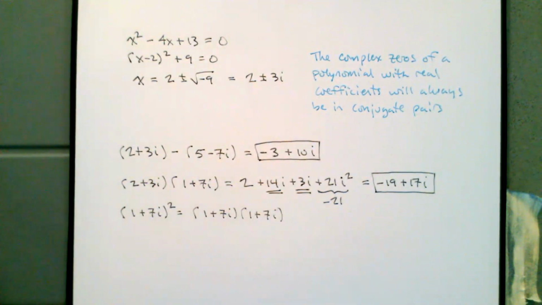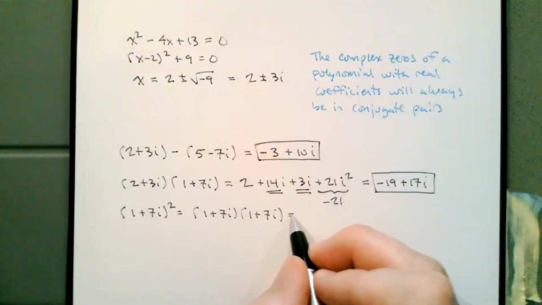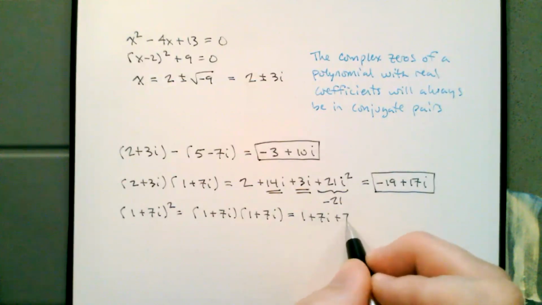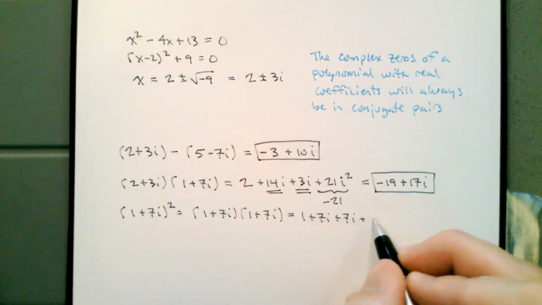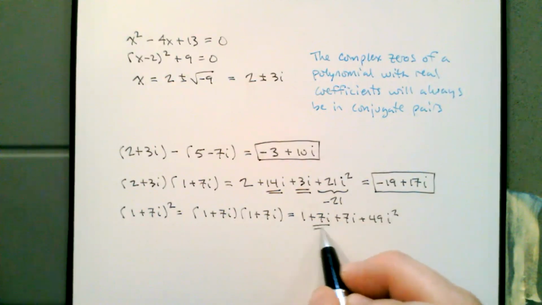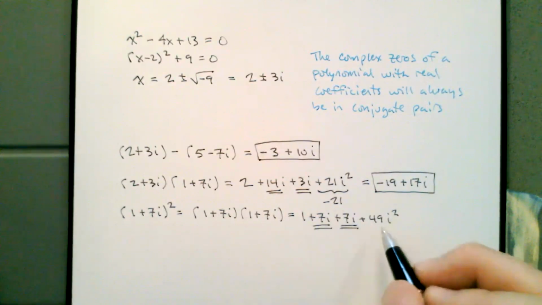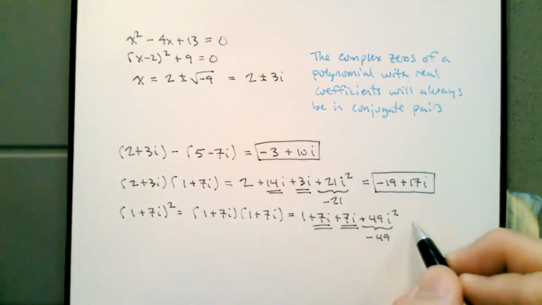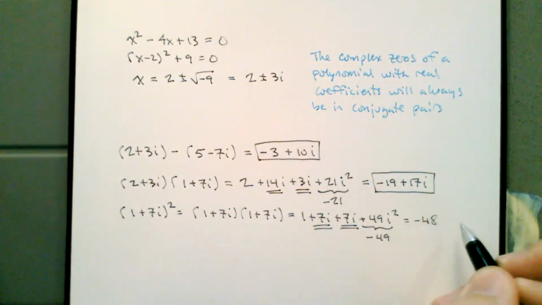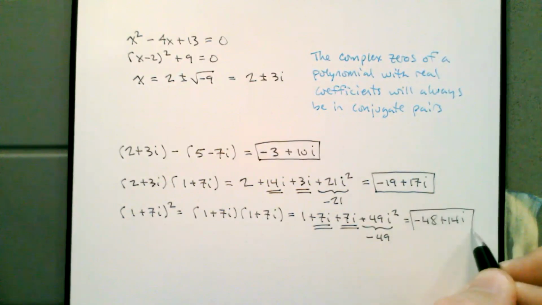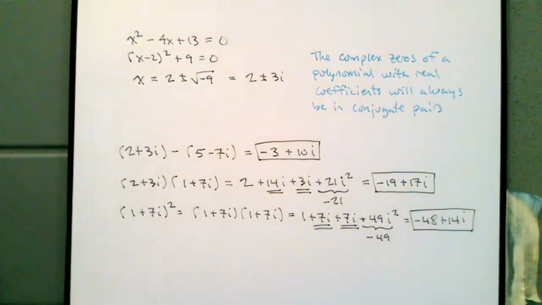You multiply them by themselves. So we get 1 plus 7i plus another 7i plus 49i squared. We've got like terms with these i terms. Plus 49i squared is minus 49. So we'll get -48 plus 14i. Don't have to tell you how to square complex numbers. You already know.